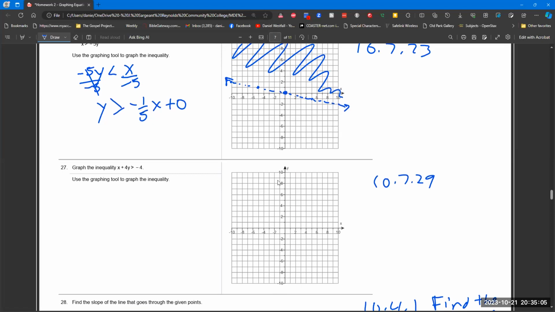And we're going to use the intercept method again here because of how it's set up. When x is 0, y is 1. When y is 0, x is -4. Our boundary line is broken.